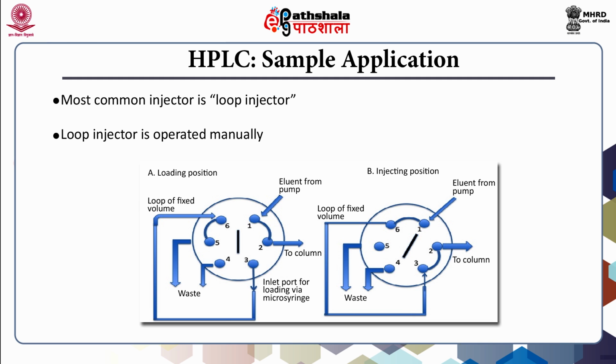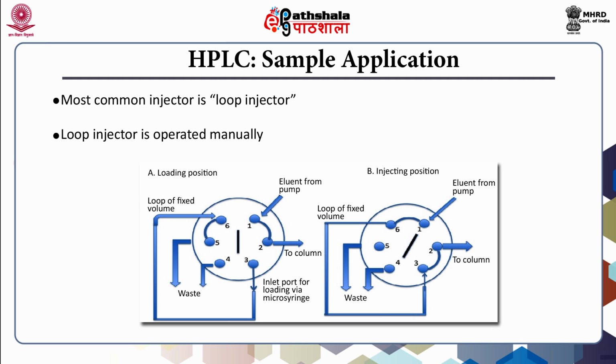That means the mobile phase is passing from the pump to the column directly, and there is a connection between port 3 and port 6, and between port 6 and port 5, and there is no connection with port 4.